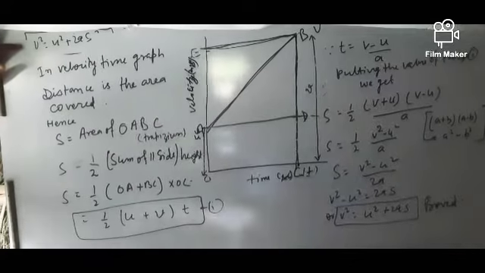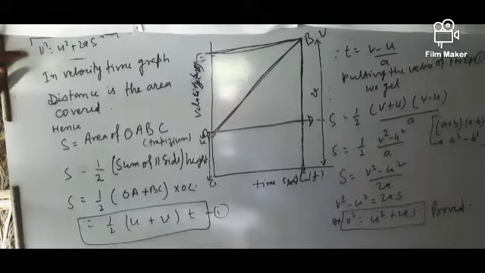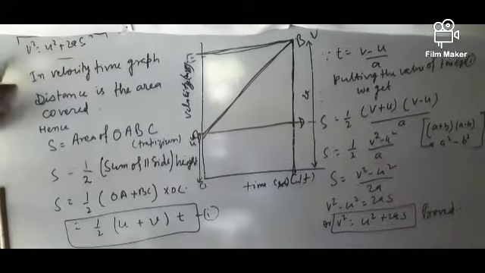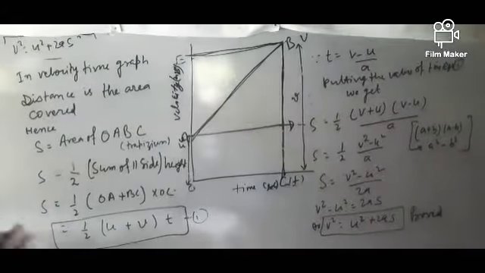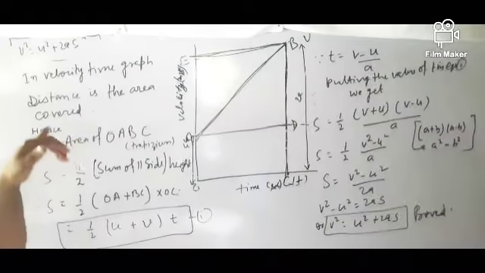The third equation is V square is equal to U square plus 2as. In the velocity time graph, the distance is the area covered.